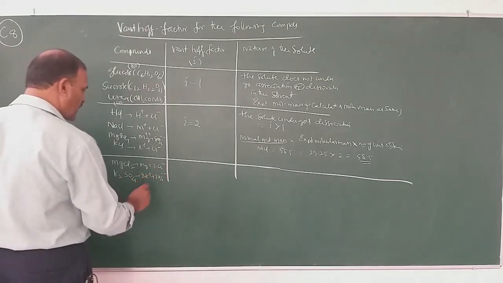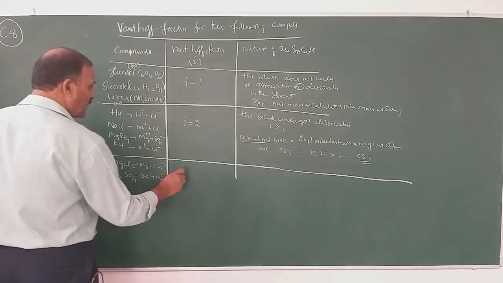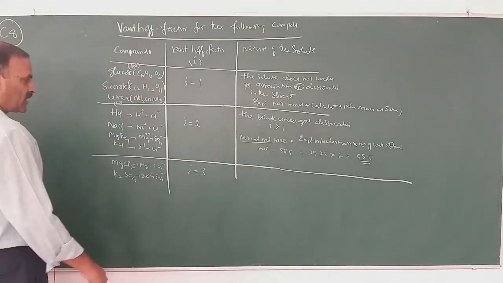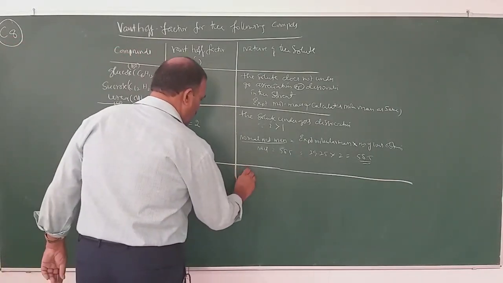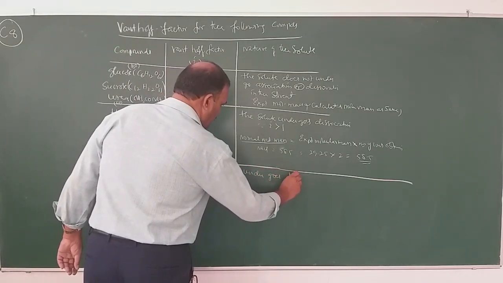How many ions will you get? You will get 1 plus 2, 3; 2 plus 1, 3. So i value is equal to 3. Van 't Hoff factor is 3. So here also the solute undergoes dissociation.